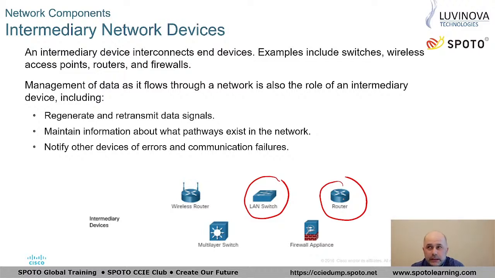A multi-layer switch is nothing more than a switch with router capabilities. Here we call it a layer 3 switch. A firewall appliance is a device dedicated to being a firewall.